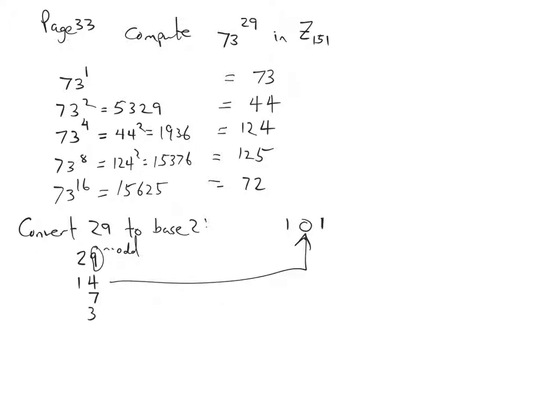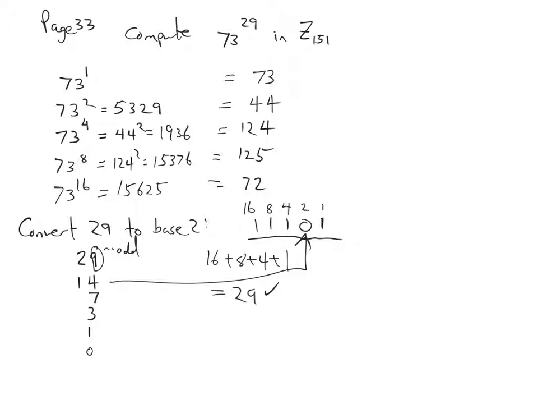Divide by 2 is odd. Divide by 2 is 1, and then divide by 2 we get 0, so we stop. So 11101 tells us the 1s, the 2s, the 4s, the 8s, and the 16s column, and we can check: 16 plus 8 plus 4 plus 1 is in fact equal to 29.